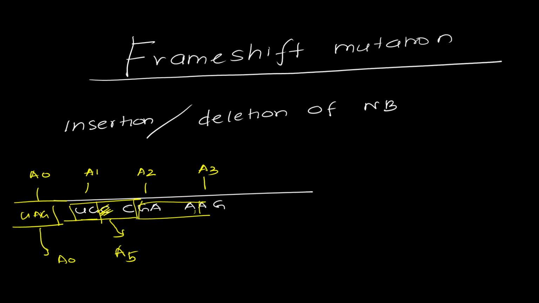Now, the consequence will be the production of a completely different amino acid chain, which will not show any function whatsoever compared to that of the normal polypeptide chain that would have been there if such a mutation did not occur.